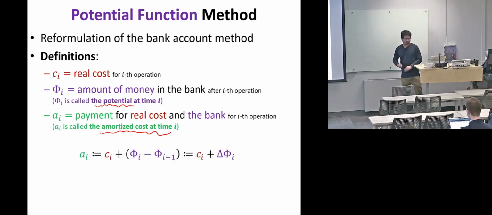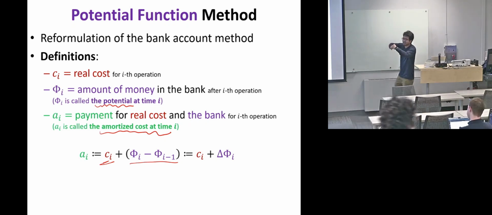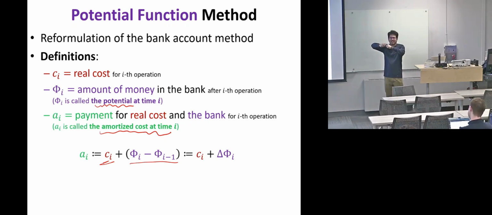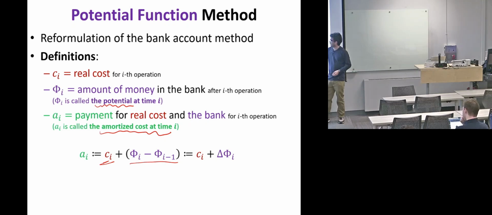So with this definition, you can see that a_i can be written as what you pay per operation: you pay for the real cost, and you pay for the change in the money in the bank account. The difference of the money in the bank account, I write as delta of phi_i, how much phi_i changes.